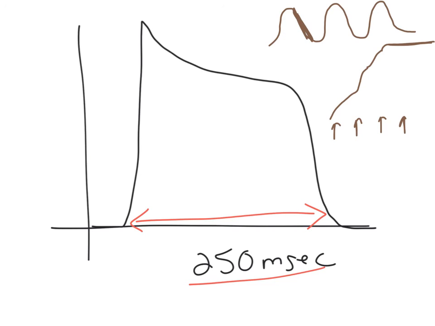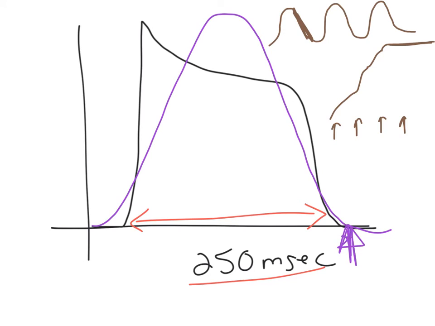So the reason that we have this extended action potential is so that the duration of the action potential is exactly the same as the contraction-relaxation cycle of cardiac muscle. Which means, because of the refractory period, we cannot generate another action potential until that cardiac muscle cell has relaxed. So this evolved to prevent tetanus in cardiac muscle.